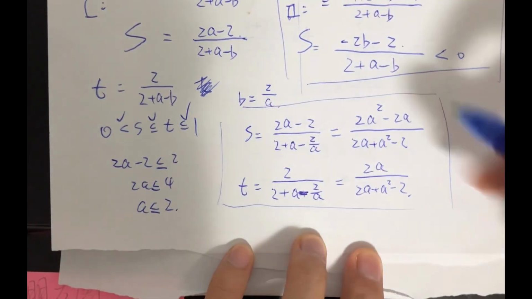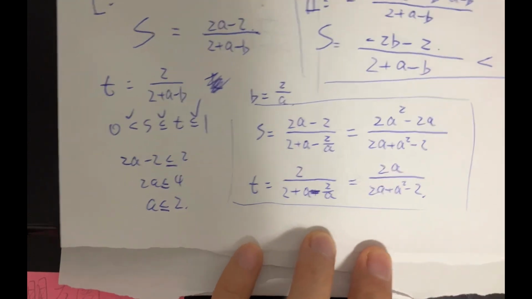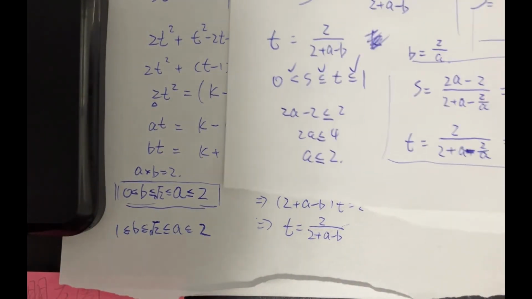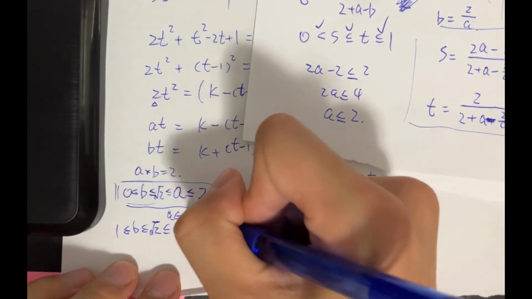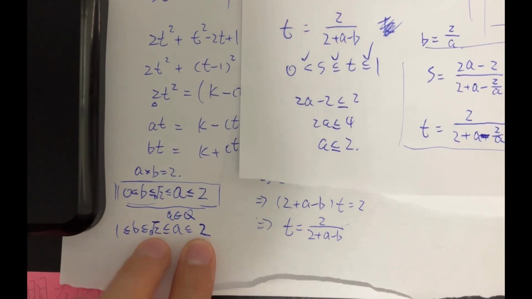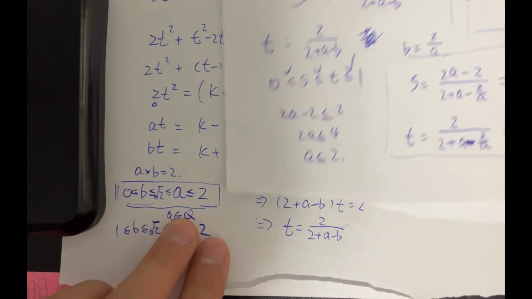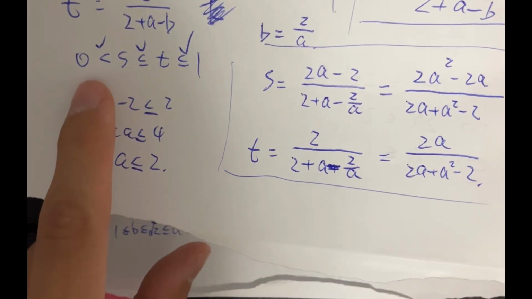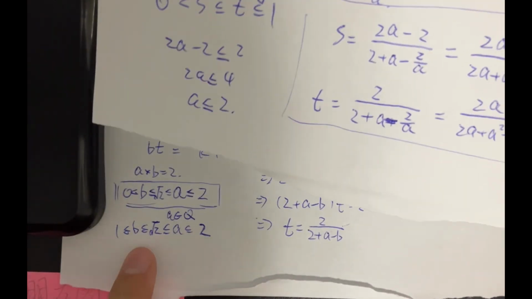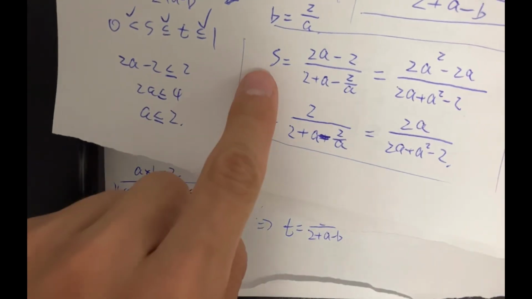We have got s and t, and a could be any rational number within this range. As long as a is within this range, the inequality here is totally satisfied. It is true, and the a would result in s and t.